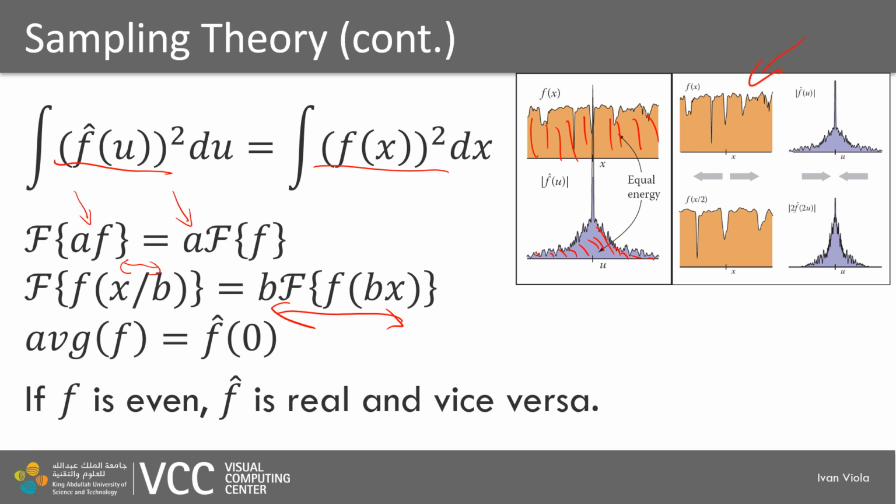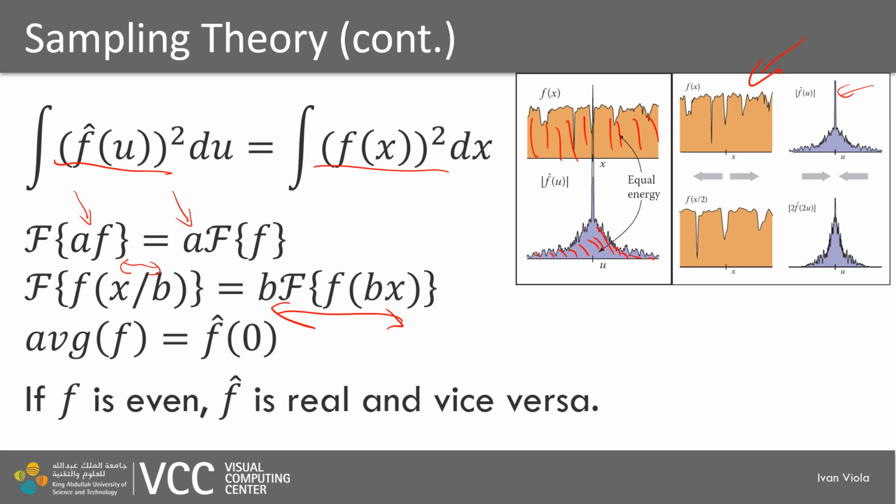Here we have an input signal in orange and its frequency representation. We already said that if we have a real function, its image in the frequency domain will be a symmetric representation. So we see this symmetry here.